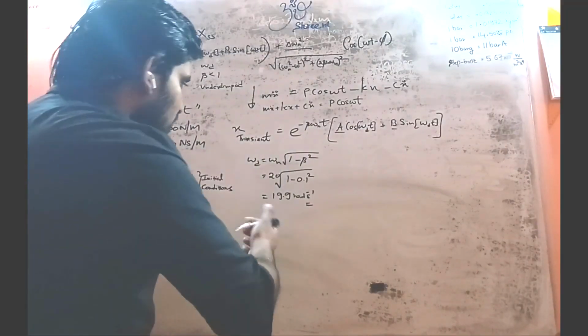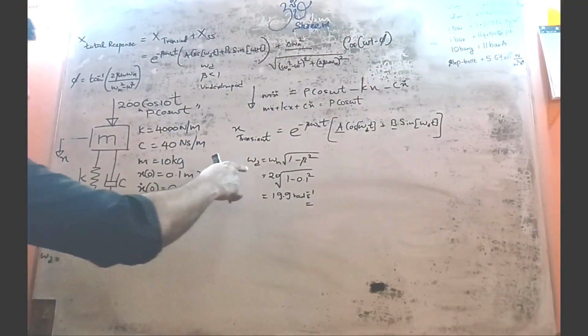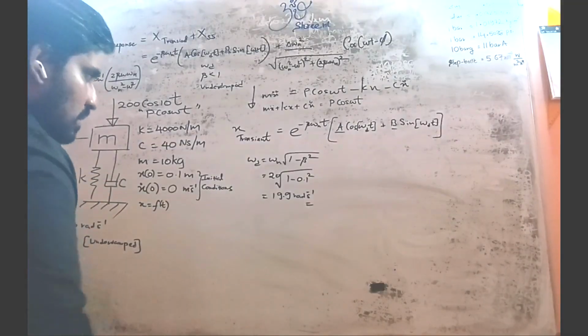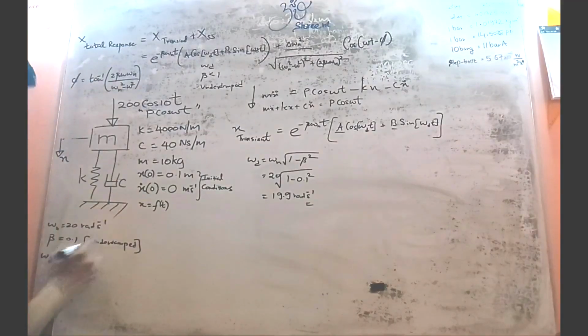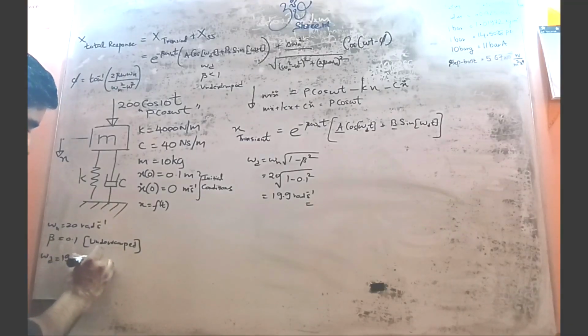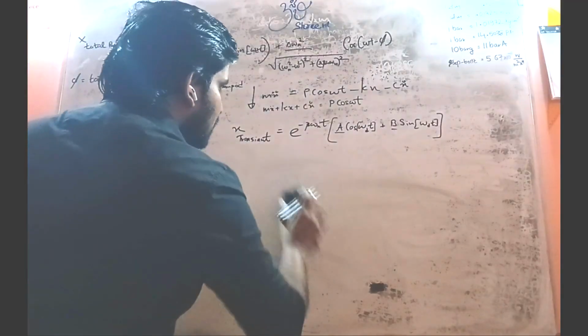So if you do the calculation, that damped frequency value, or damped angular velocity, is 19.9 radians per second. So that part is also clear.